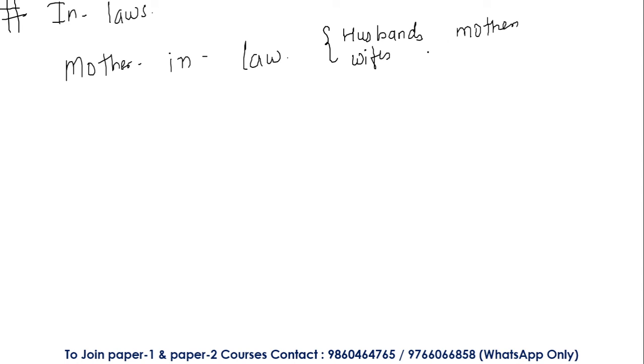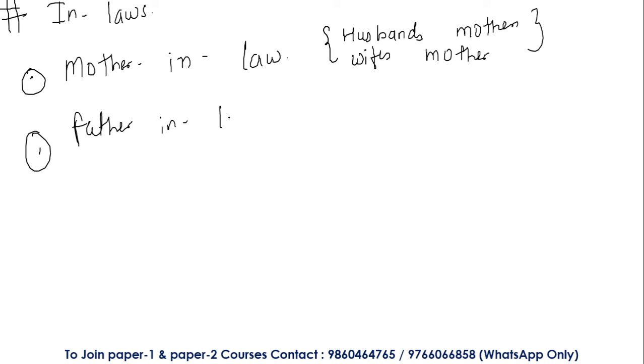Wife's mother is also mother-in-law, right? Similarly father-in-law, it means husband's father or wife's father. I'm writing in short, please write in detail, don't do that. Wife's father, husband's father, it means father-in-law.